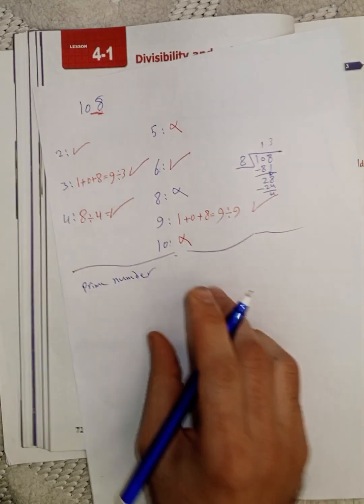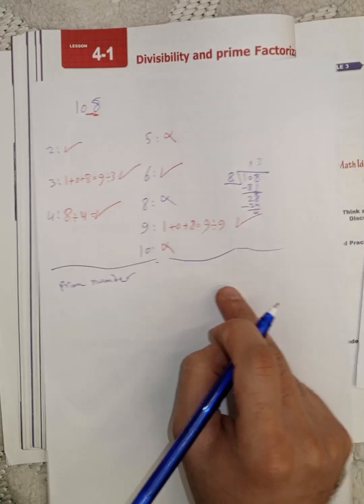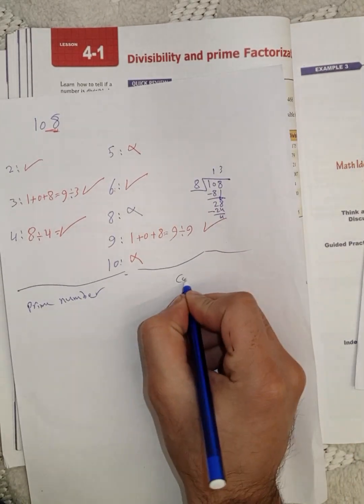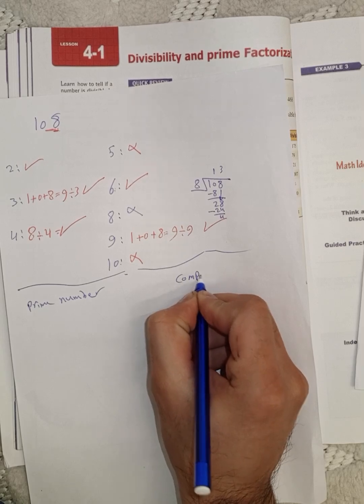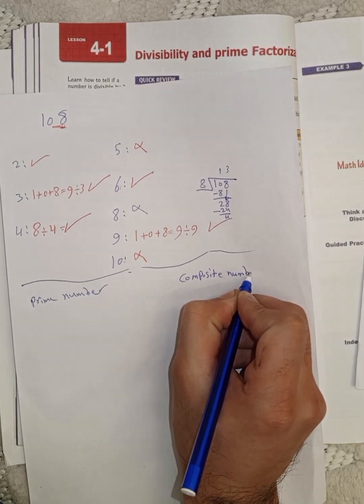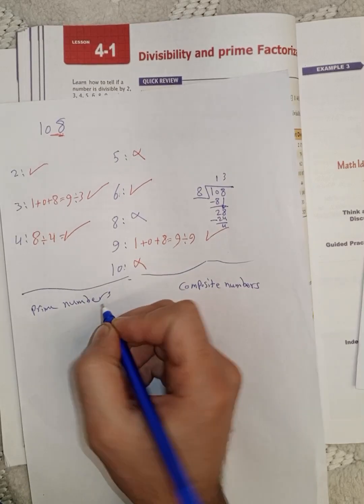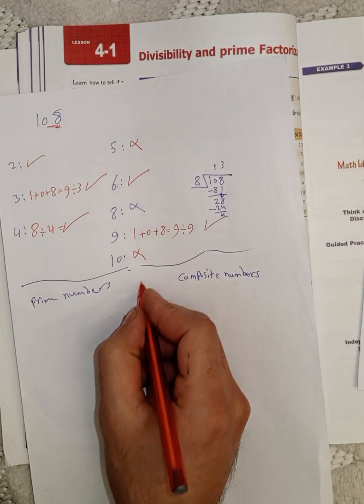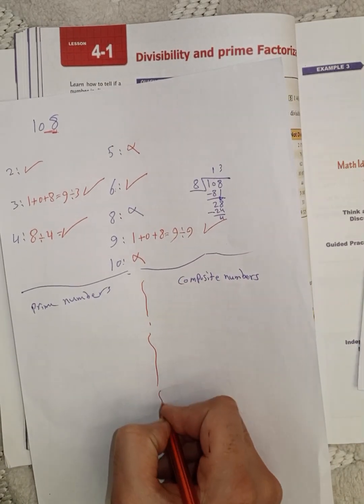We have two types of numbers: prime numbers and composite numbers.